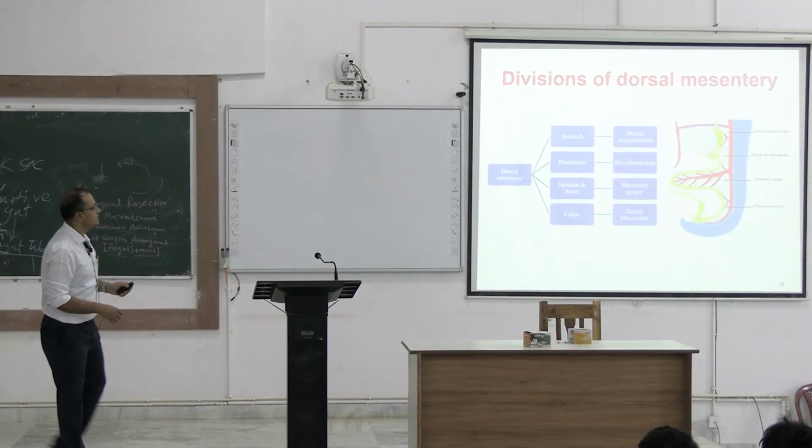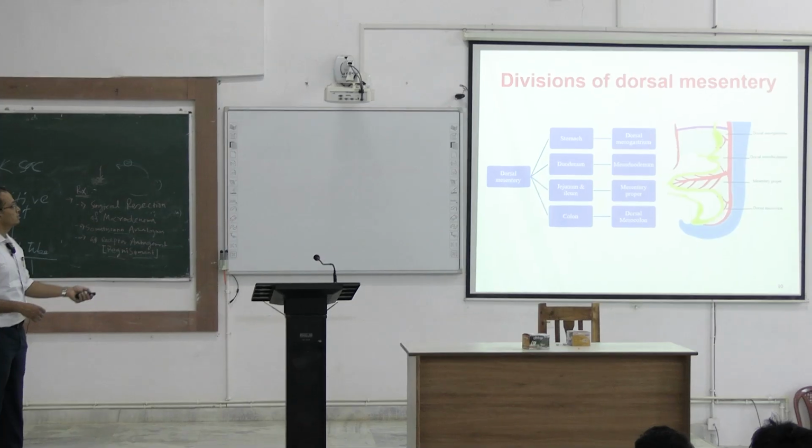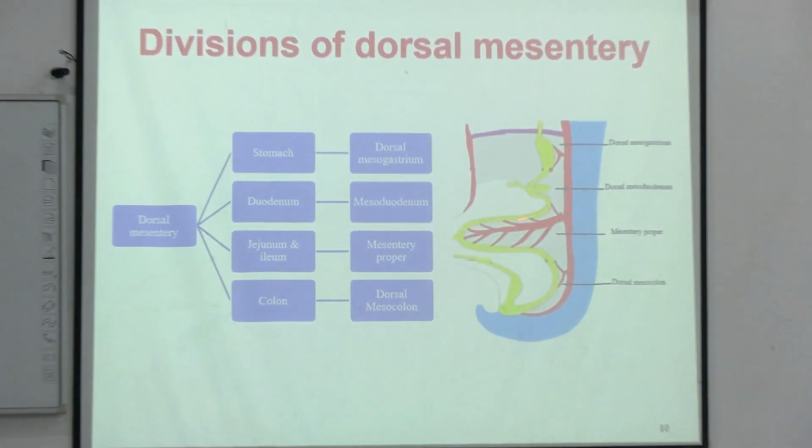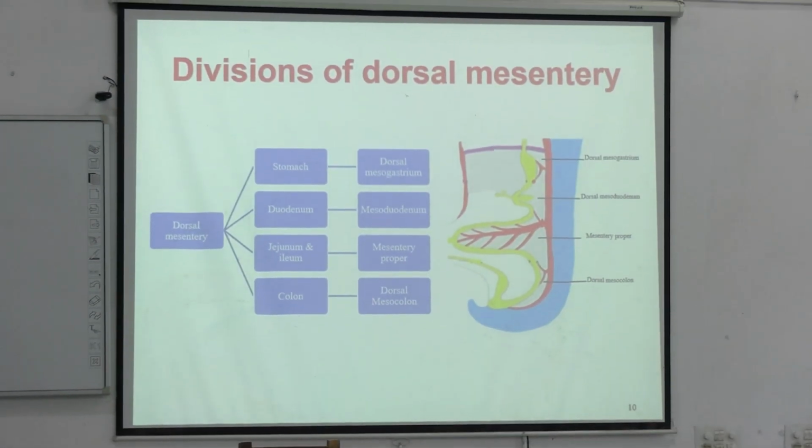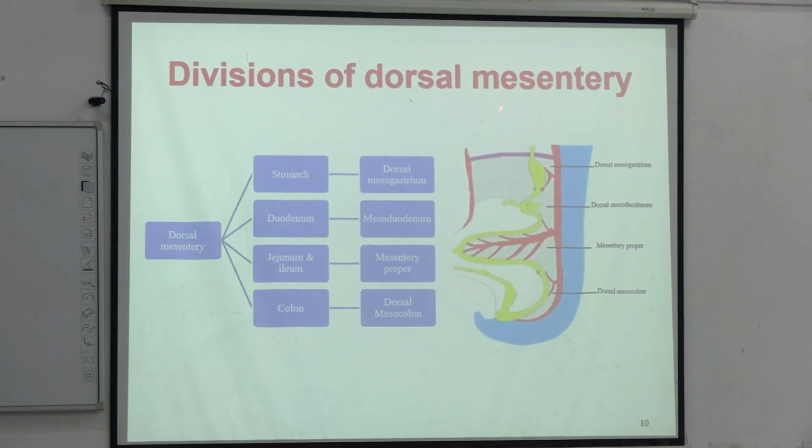Now, you see this picture we are focusing on. This is the gut tube, the primitive gut tube, which has taken some shape over here. This area is the anterior body wall, which is yet to develop fully, and this is the posterior body wall, which has developed more or less completely. The yellow structure you are seeing here is the gut tube, which has progressed a little and taken shape.